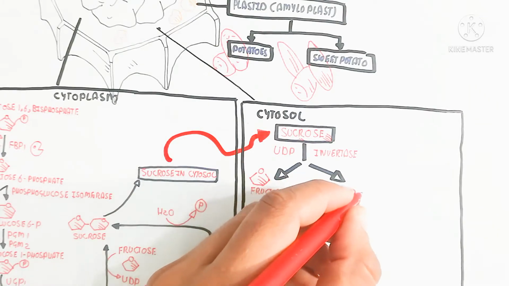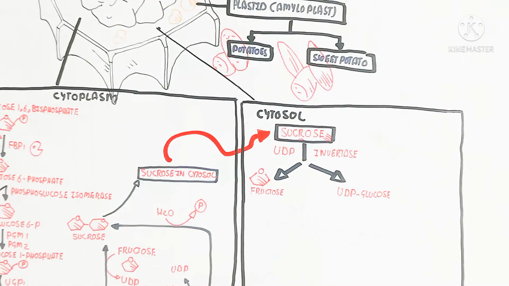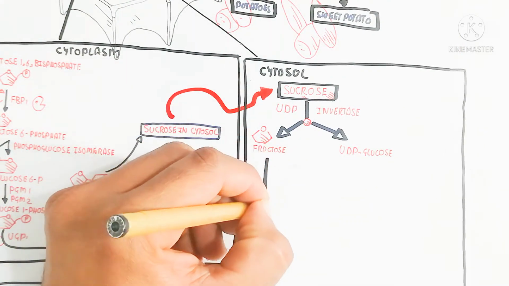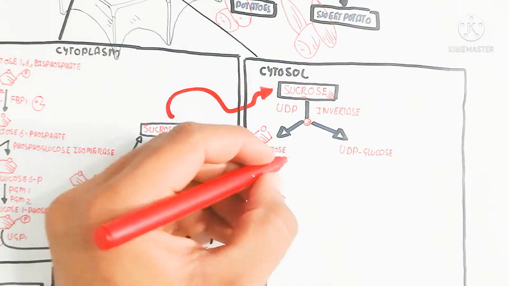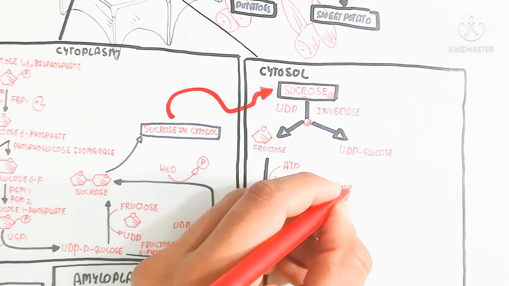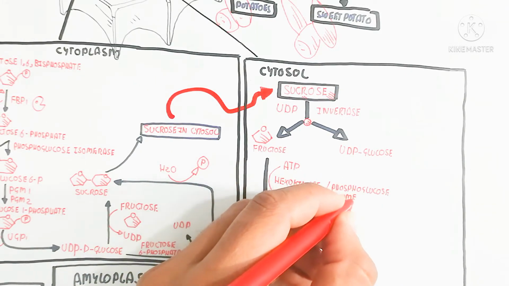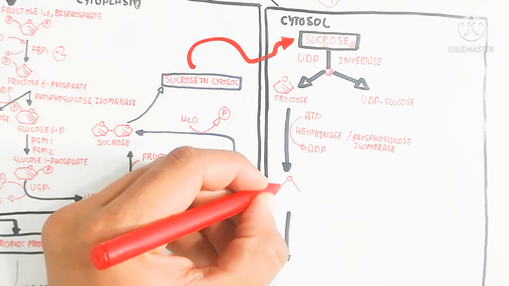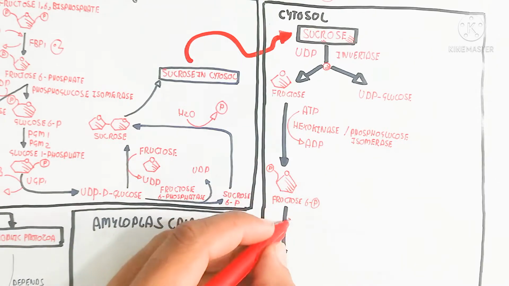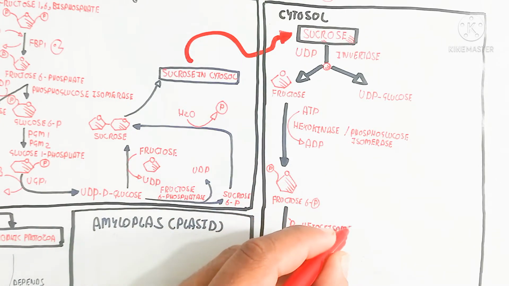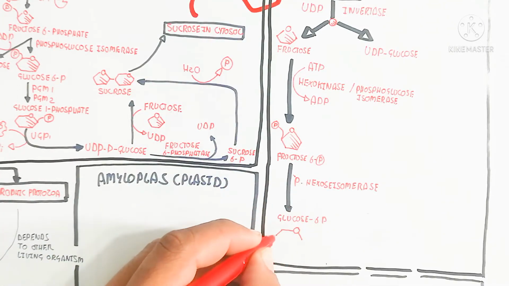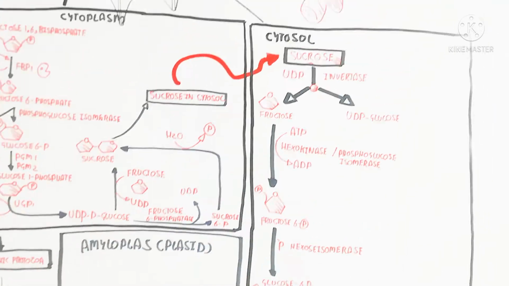Sucrose is converted by an invertase enzyme into fructose and UDP-glucose. The fructose can be converted into fructose 6-phosphate, with hexokinase using ATP, and phosphoglucose isomerase producing fructose 6-phosphate, which is isomerized to glucose 6-phosphate.